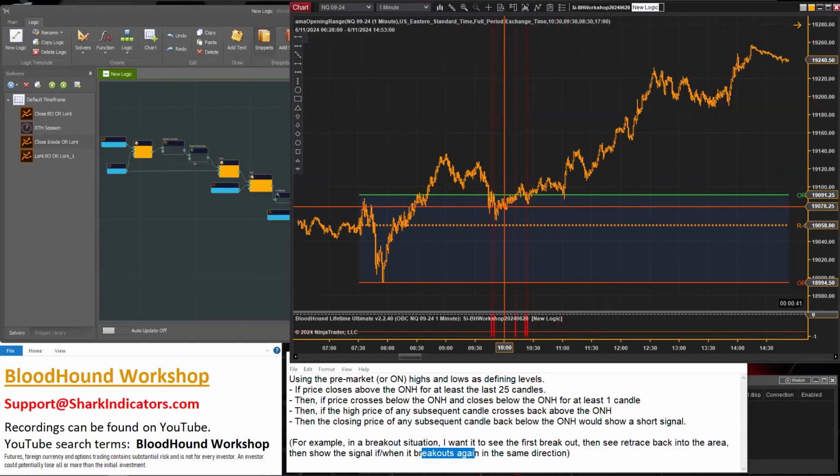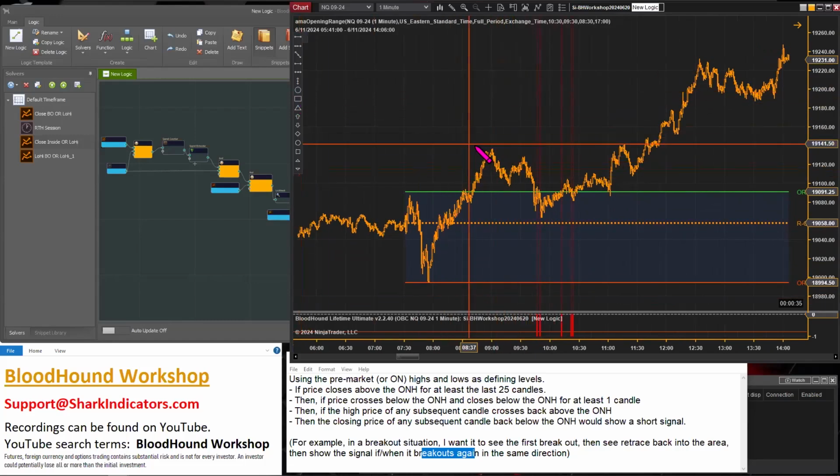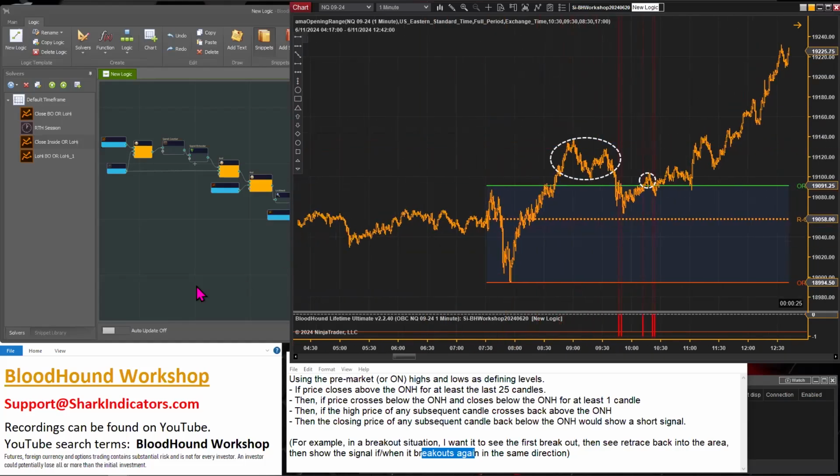All right, here's a good classic situation of a double breakout. So, first breakout, and then of course, second breakout.